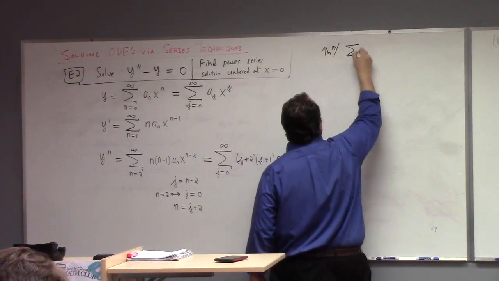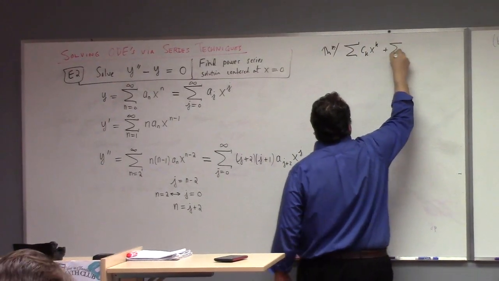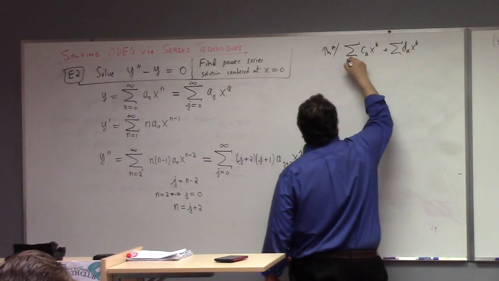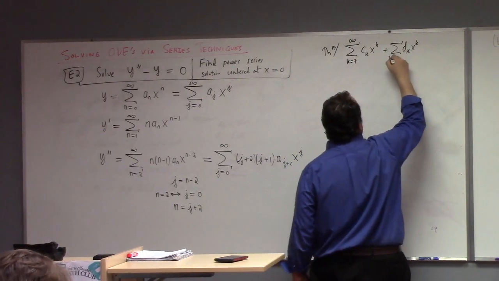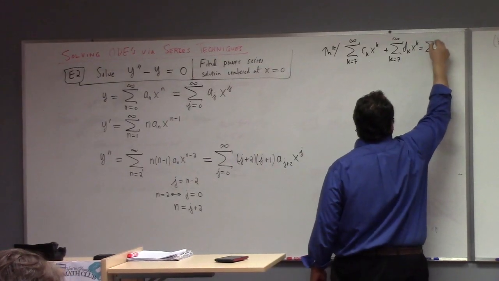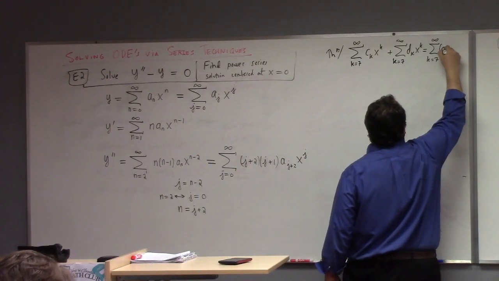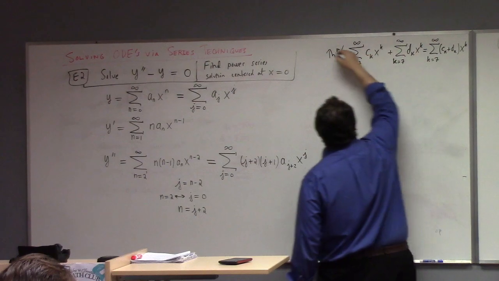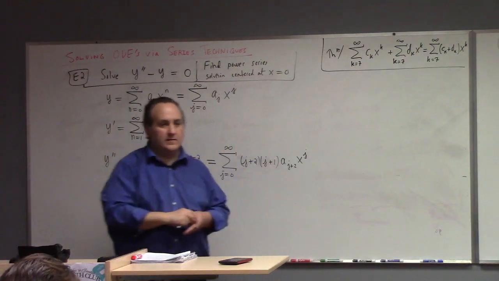If I have the sum over c sub k x to the k plus the sum over d sub k x to the k, with the same bounds, k equals 7 to infinity, whatever, well, that's the sum k equals 7 to infinity of c sub k plus d sub k times x to the power k. That's a theorem of power series. We can add matching sums.